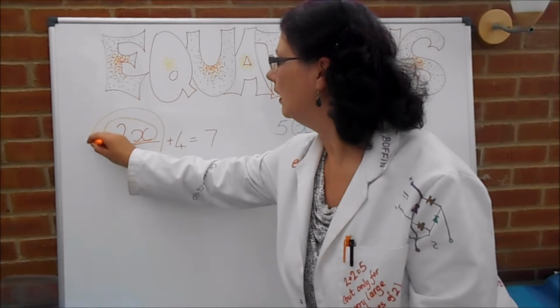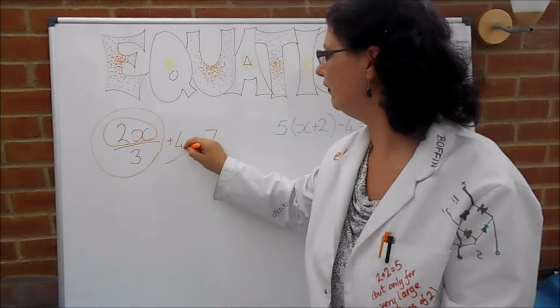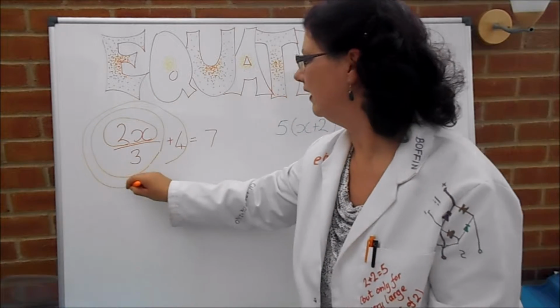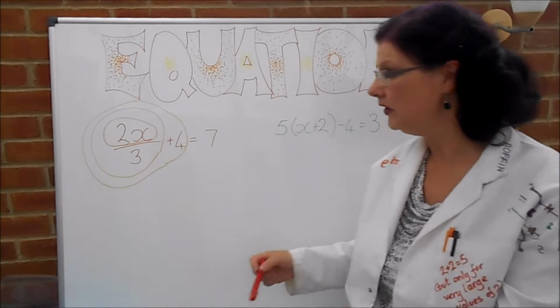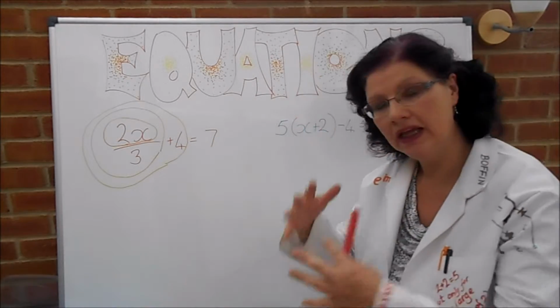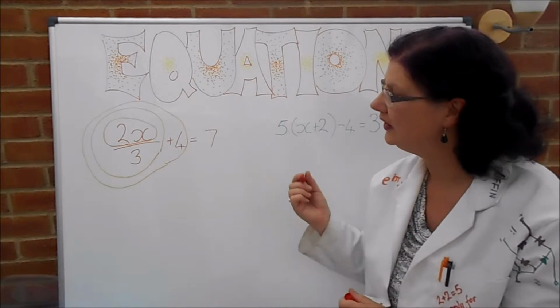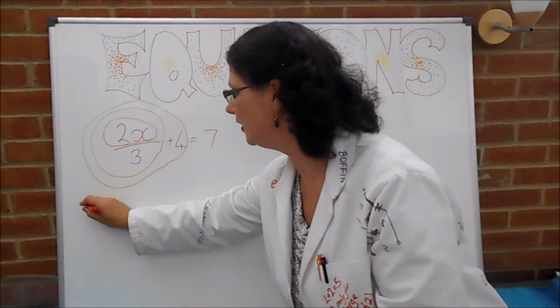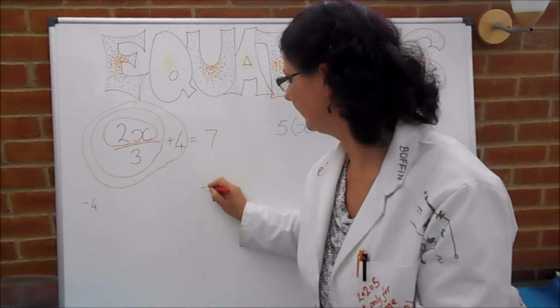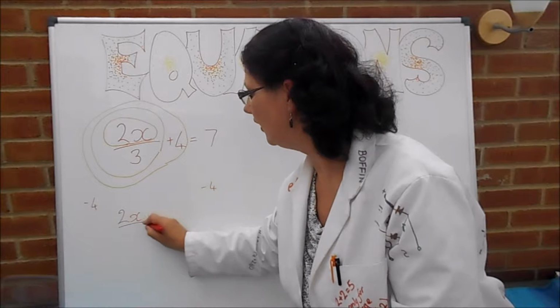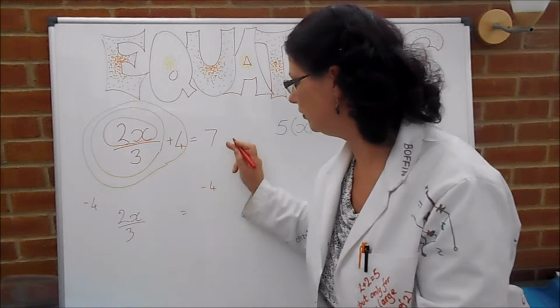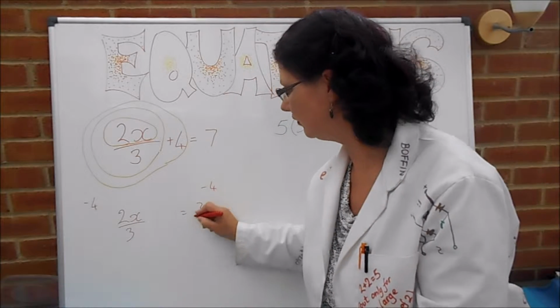And then the divide by 3, and finally the add 4. So when I get rid of these, I'm going to get rid of them outside working in. First of all, I'm going to get rid of that plus 4 by doing a take away 4, which gives me 2x over 3 is equal to 7 minus 4, which is 3.